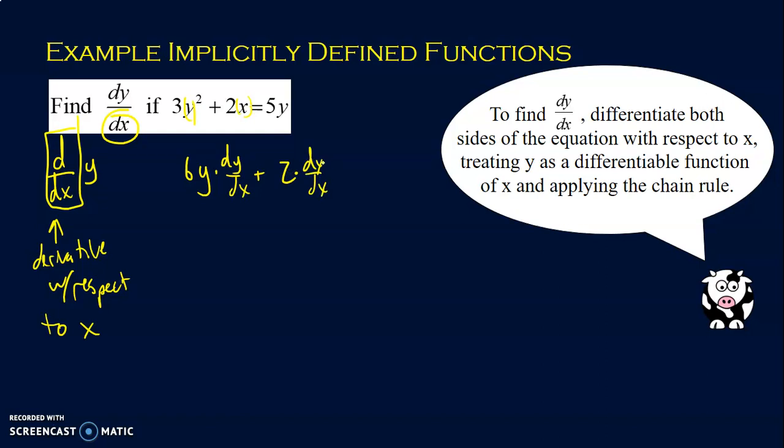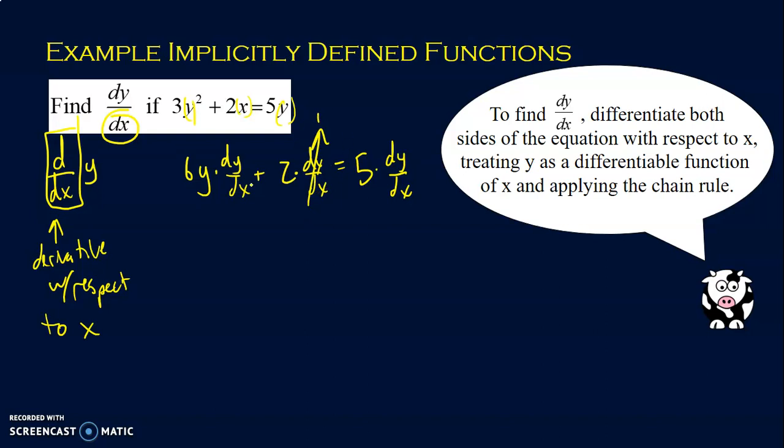But the rate of change of x with respect to x is always going to be 1. So we don't really need to write that because it's 2 times 1. And then the derivative of 5y would be 5, and then times chain rule, so the derivative of y with respect to x. So we were taking the derivative with respect to x. When I took the derivative of y, I needed to write it. When I took the derivative of x with respect to x, you don't need to write it. So that's just 1. You don't have to write this step.